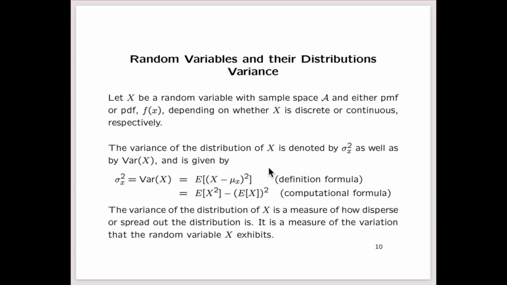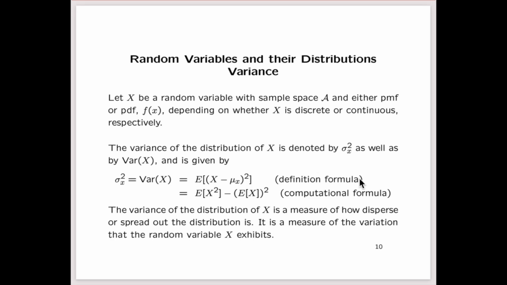Now, by defining it in terms of expectation, we no longer have to have different formulas depending upon whether we're dealing with a discrete random variable or a continuous random variable. That differentiation is encapsulated within the definition of expectation itself. So we don't really have to make that distinction anymore, and that's one of the advantages of using expectation to define these quantities.